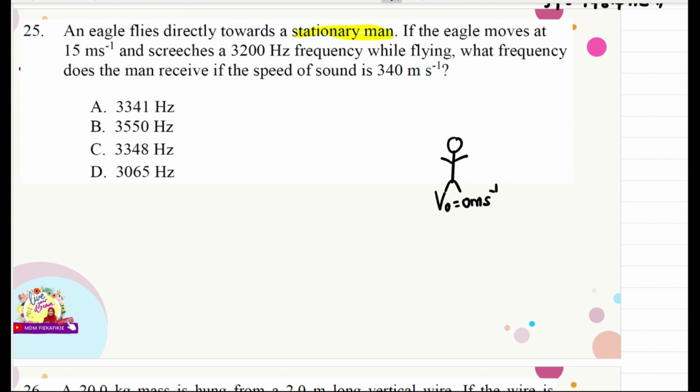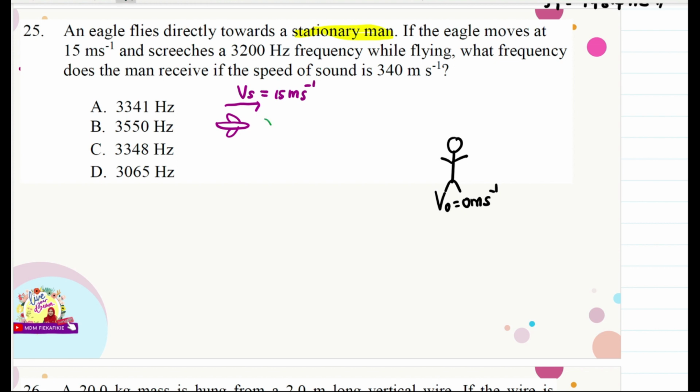second? Okay, so jadi burung tu bergerak menghampiri ataupun approaching. Okay, this bird, saya memang tak pandai lukis burung. Okay, macam ni lah. So, the bird is approaching the man. So, the speed of the source, the bird, is 15 meter per second. Masa dia bergerak, dia mengeluarkan bunyi.